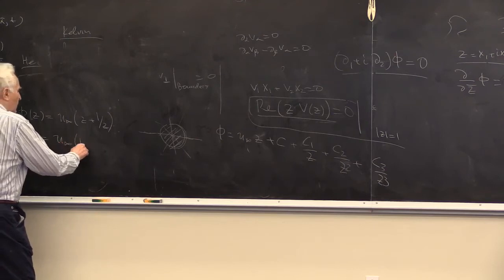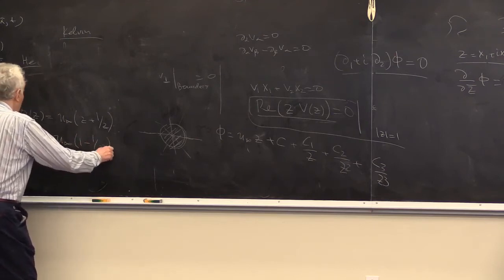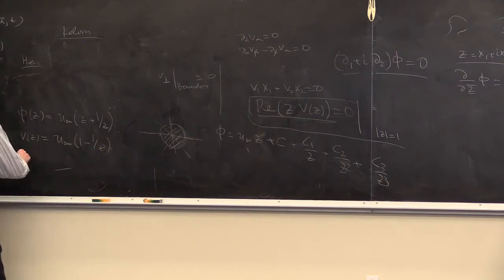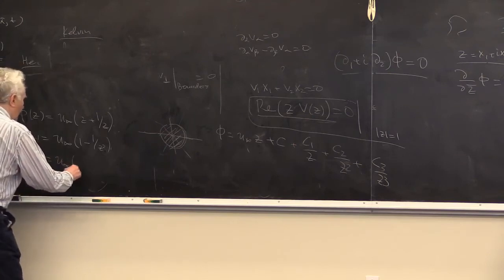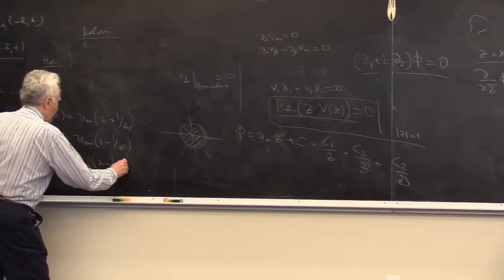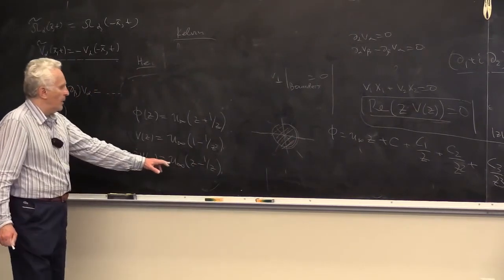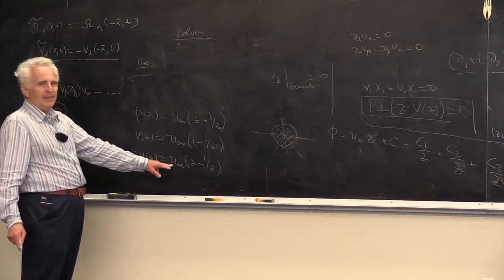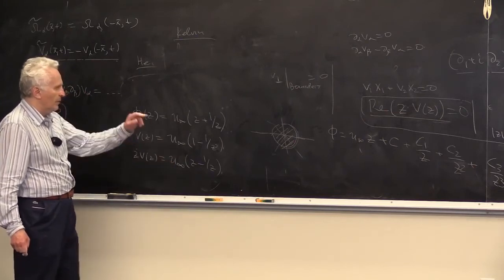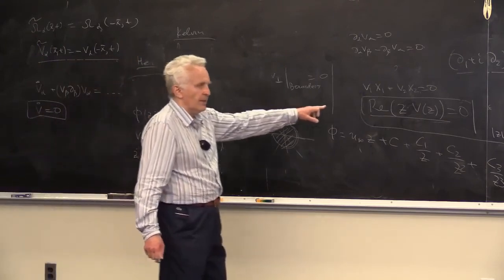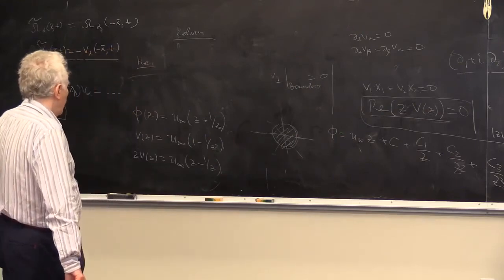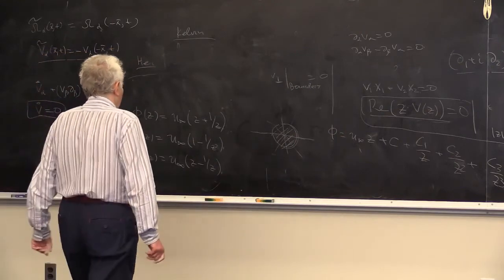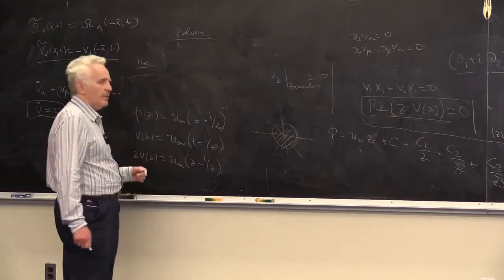It's u infinity times 1 minus 1 over z squared. Now what shall I do, what is the next line which I need? What should I now substitute to check this relation? What should I be testing now?